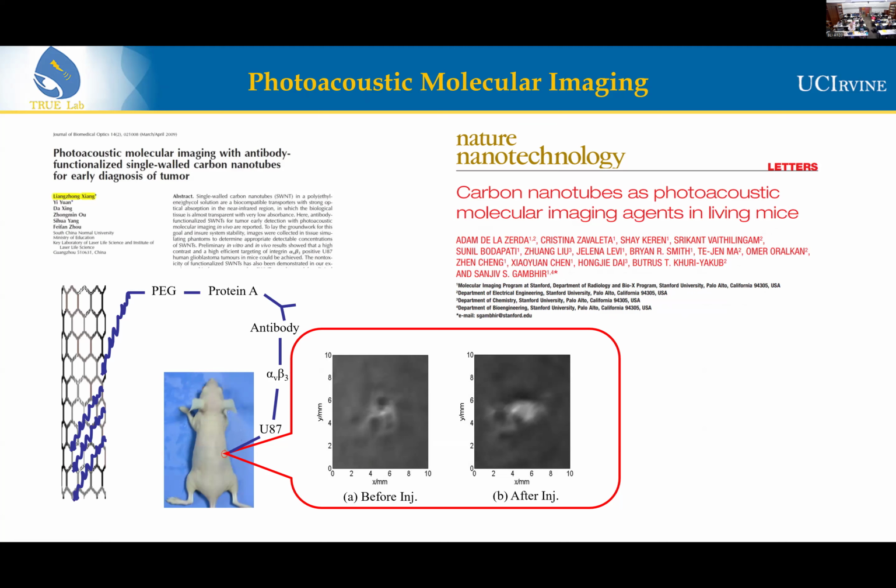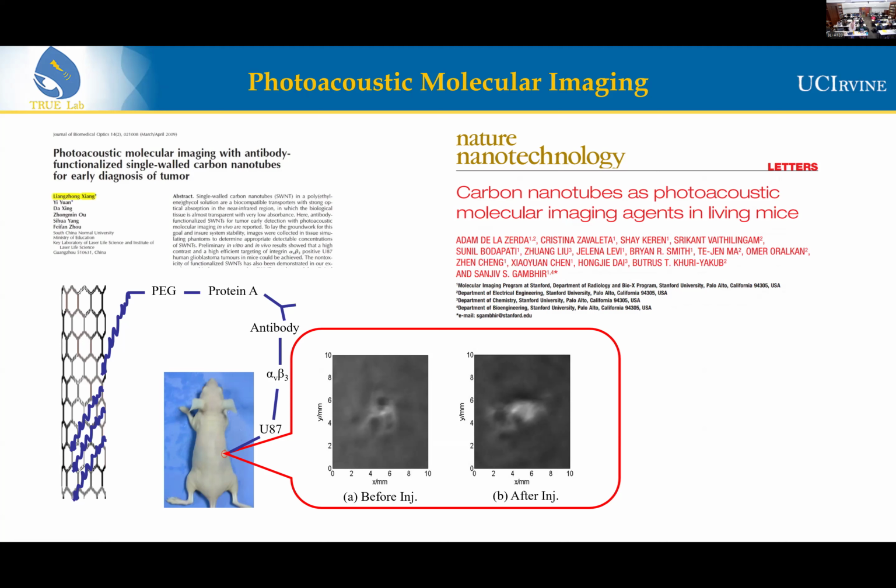I personally also did quite some research on photoacoustic molecular imaging, just as you said. We used a type of contrast agent, in this case carbon nanotubes. These nanotubes can be easily conjugated with biomarkers. I did one for brain tumor, many years ago.